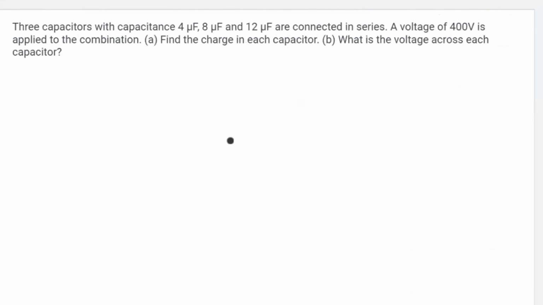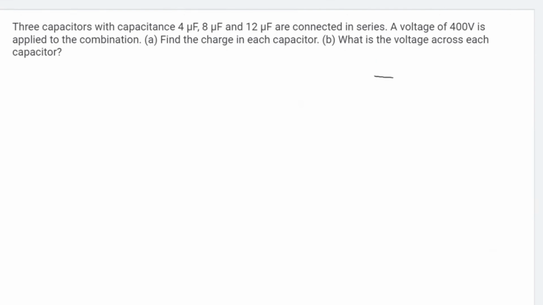Okay, moving on. Since now we know the formulas for series and parallel and the formulas of the general capacitance, voltages, and charges, now let's move on to our problem solving. In this given, we first need to make an FBD or free body diagram so we can visualize what's going on.